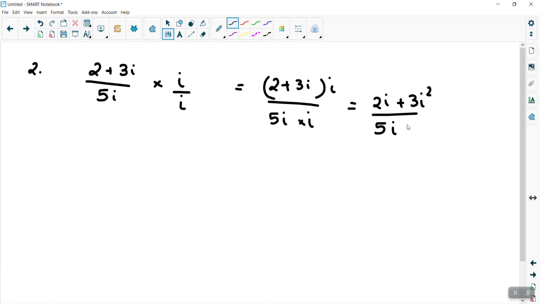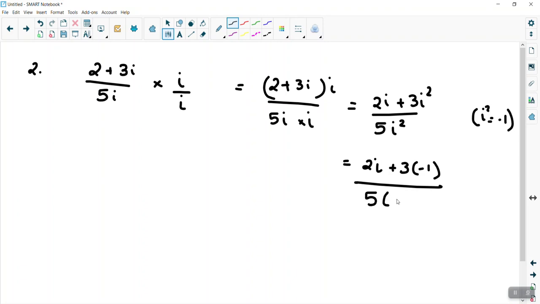is 5i squared. Again, we remember the identity, i squared is equal to -1, and substituting -1 everywhere that we see i squared, we have 2i plus 3, and in the bracket we put -1 over 5, and in the bracket we put -1 again, and that gives us 2i minus 3, because 3 times -1 is -3, and 5 times -1 is -5.